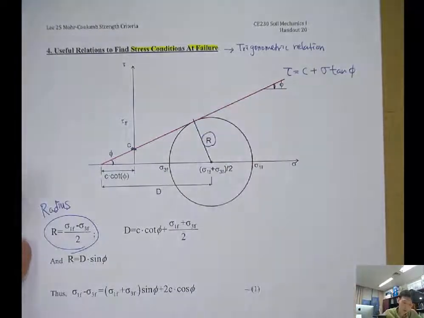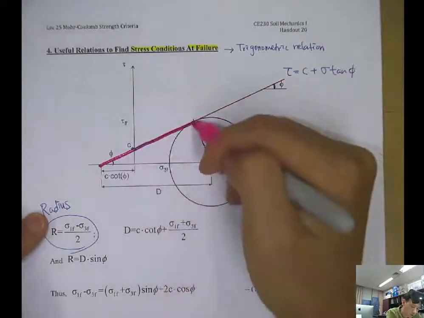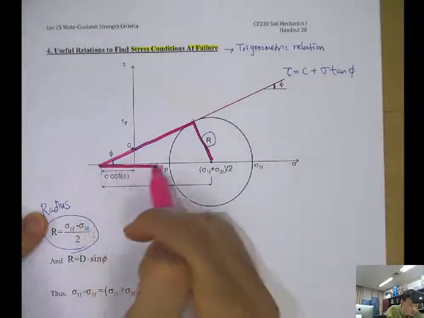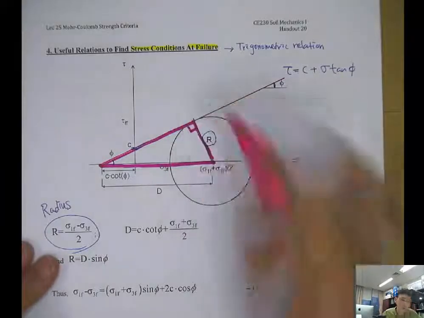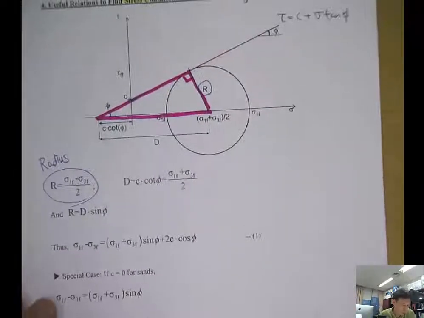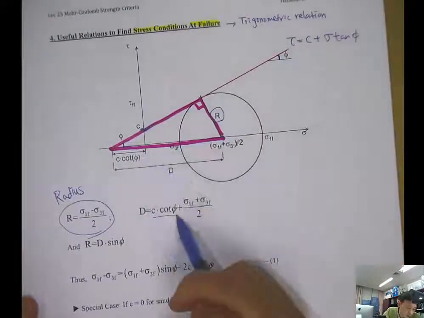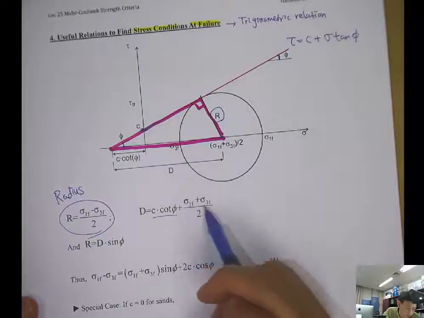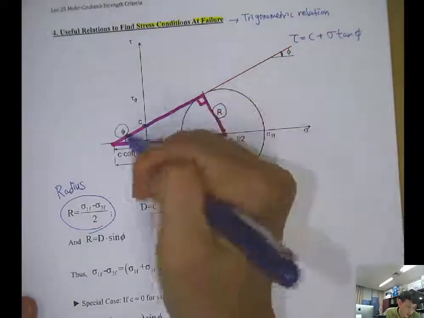And when you look at this triangle, we can use the trigonometric relation, right? So D is C cotangent phi plus sigma 1f plus sigma 3f over 2. And here is the phi.